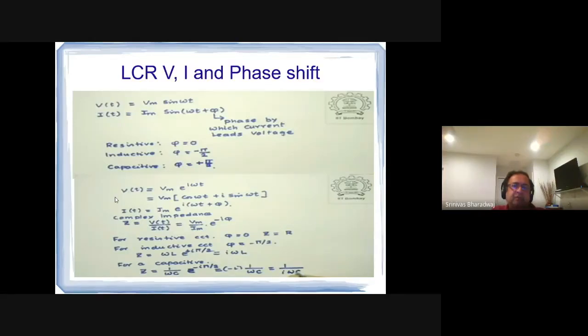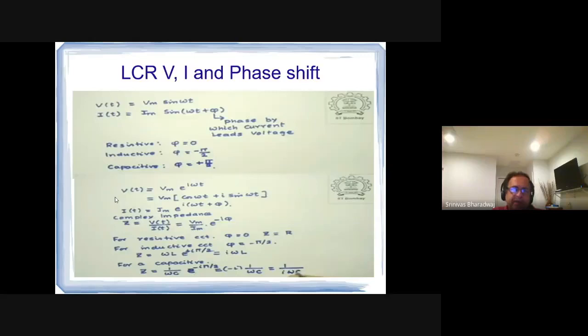Now de Moivre's theorem says that e to the power of I omega t equals cos omega t plus I sine omega t, or more simply, e to the power of I theta equals cos theta plus I sine theta, where I is the square root of -1, the imaginary number, right? So we write it in this form, and then we do calculations using this new definition.